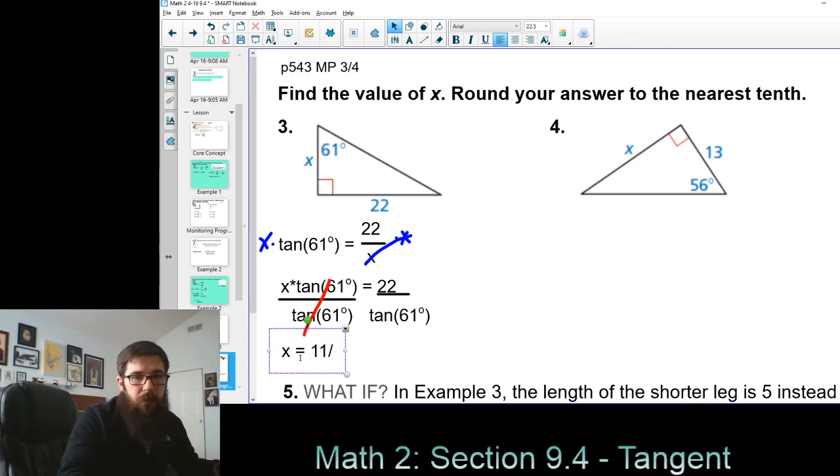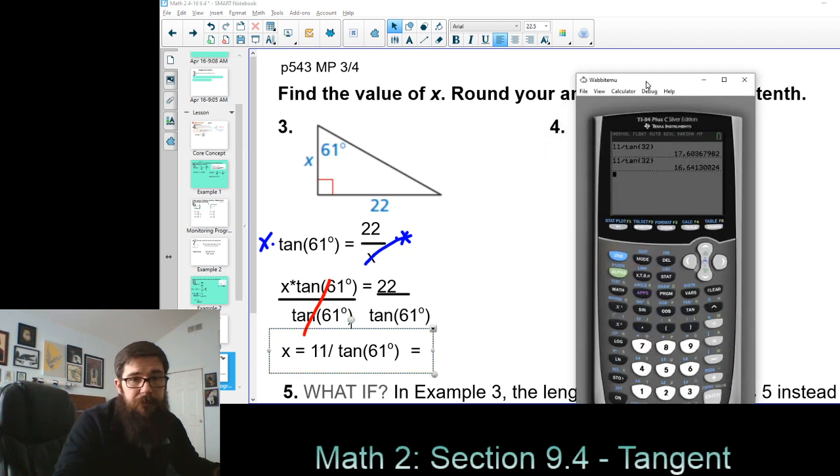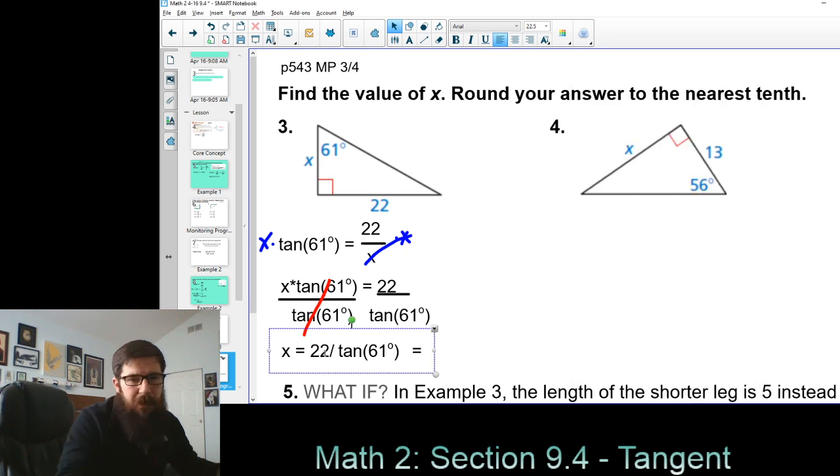I'm going to do a slash, even though they're not my favorite here. Divide by tan 61. To figure out what that is, you're going to go to the calculator. Oh, I'm sorry, I said 11. It's 22. I don't know what I'm doing. I had the previous numbers in my head. My apologies. Bring this calculator back over.